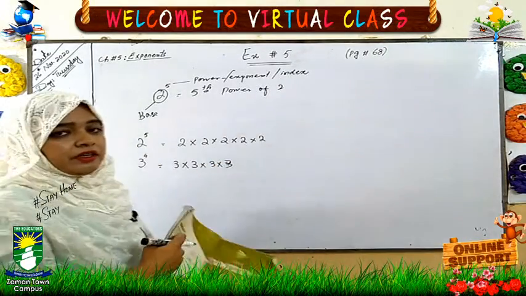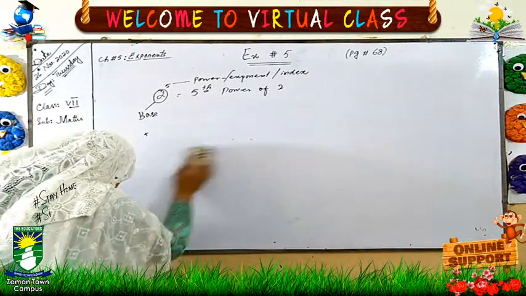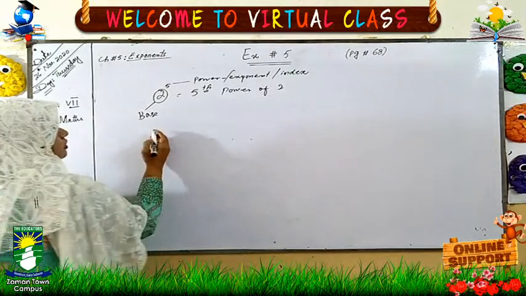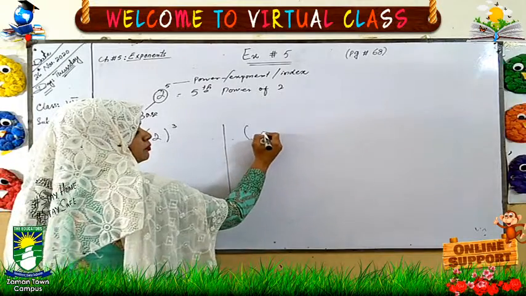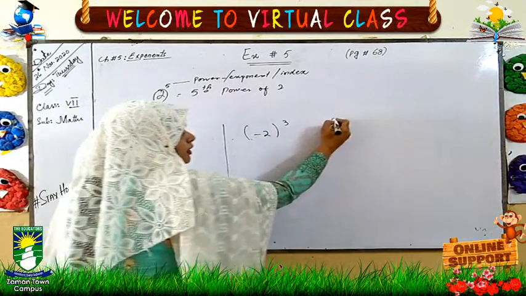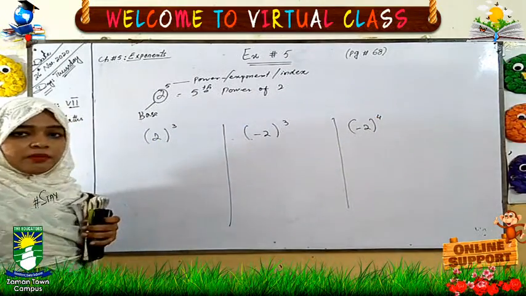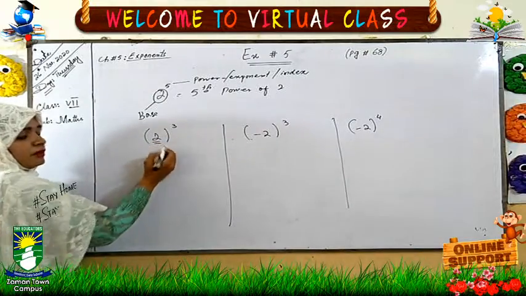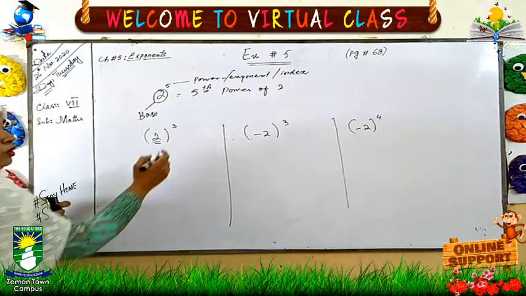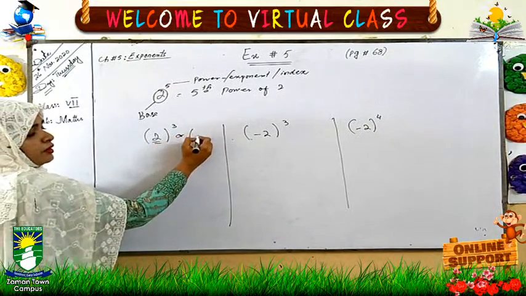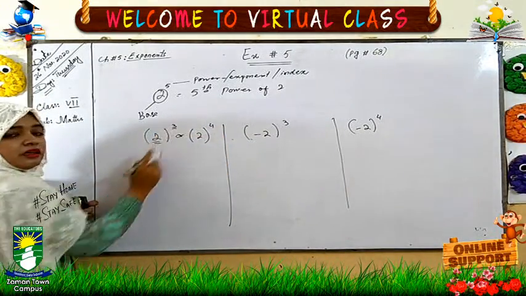Now, there are 3 different conditions: a positive number having a power, a negative base having an odd power, and a negative base having an even power. Keep it in mind, if your base is positive, there is no effect of the power on your number. For example, 2 power 3 or 2 power 4. Here, 3 is an odd number.